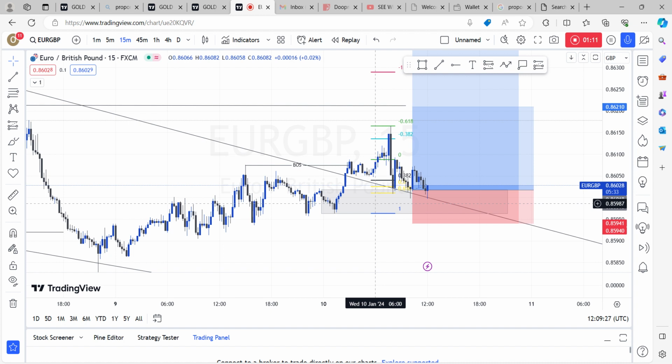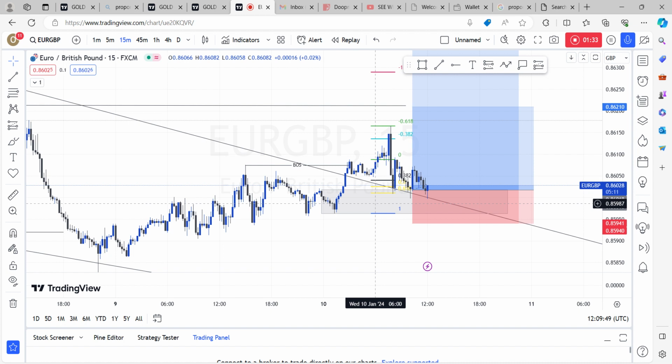I used two different strategies to extract this opportunity in the market of Euro GBP. So I actually use the retail trader strategy with SMC, which is very, very, very awesome.